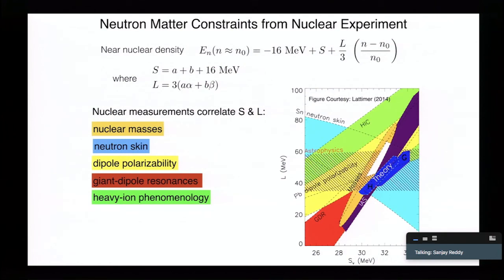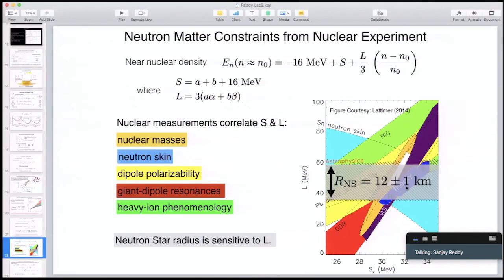As you can tell, values from about, say, 20 all the way up to 60 or 70 MeV are allowed. And the theoretical predictions from the different ab initio calculations are shown by this small diagonal box called theory.